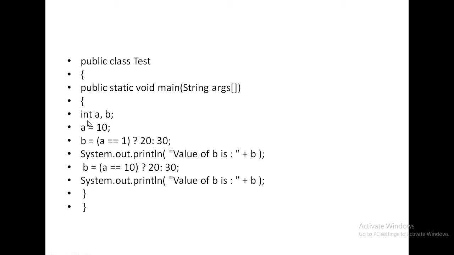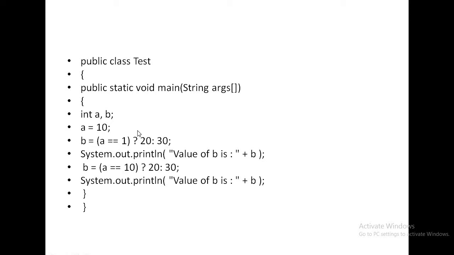Then I am taking two integer variables a and b. I assign 10 to a. I am writing here the conditional operator: b = a == 1 ? 20 : 30. The equal to operator checks the left hand side and right hand side.